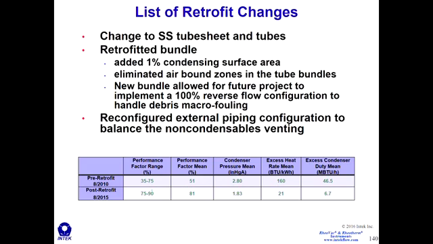After the retrofit, after all of these changes were made, we got rid of some of the air binding, we reconfigured the external piping. The performance factor range over the same time period was 75 to 90%. The performance factor mean was 80, and the condenser mean pressure was 1.8 inches.